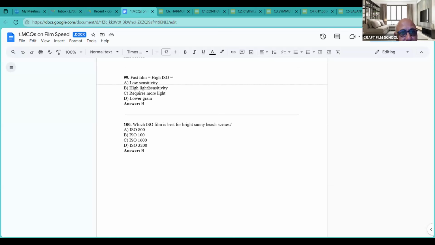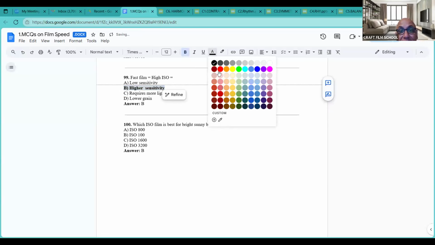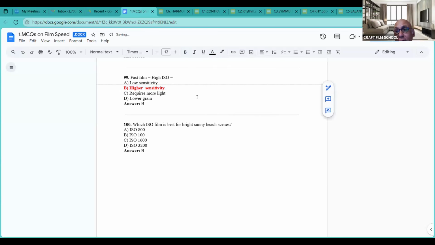It should be called higher sensitivity. Only then will B be the correct answer. When you say higher sensitivity, not highlight sensitivity. Highlight has a different meaning; highlight and shadow are opposite to each other. Higher is the correct word. So maybe he wanted to say that, but he did not use the correct word. So higher sensitivity: fast film, high ISO, higher sensitivity. Okay.